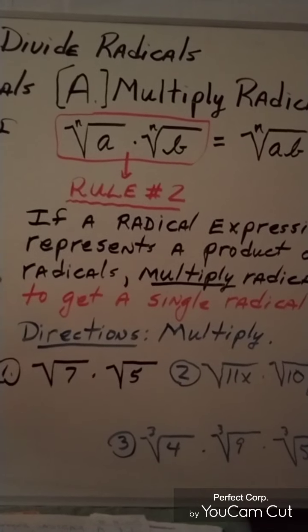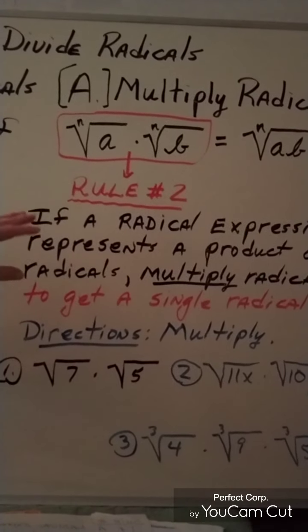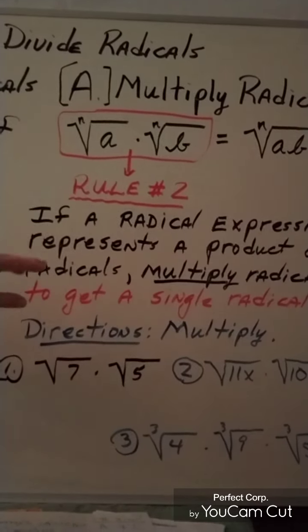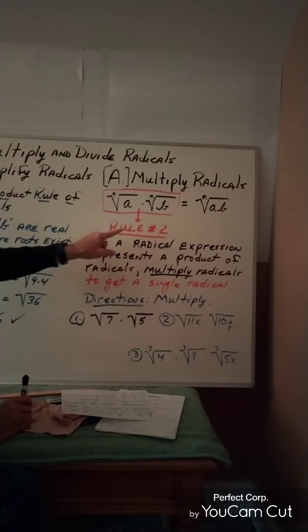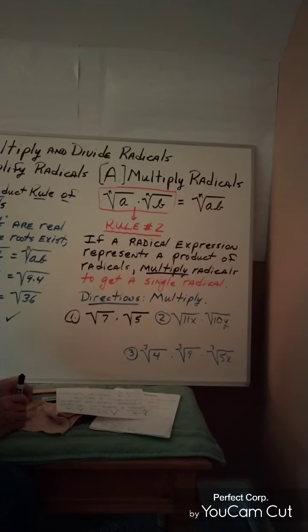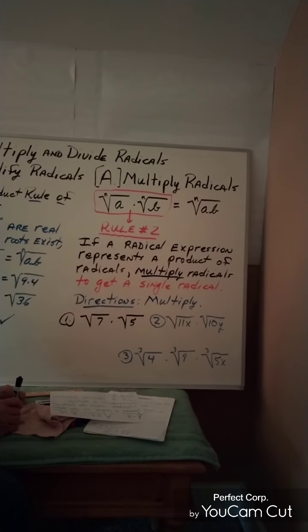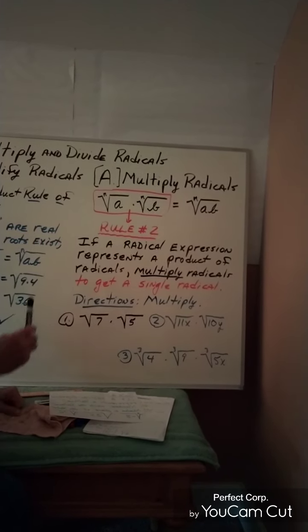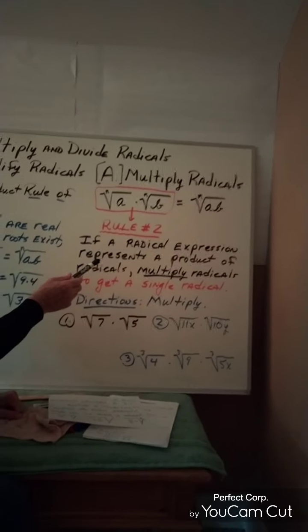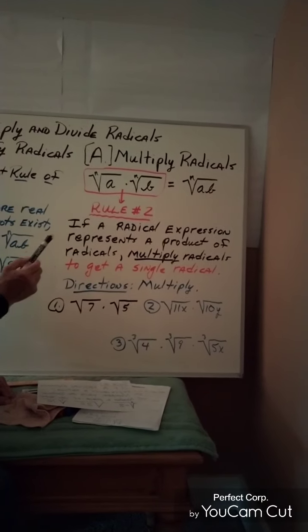Now in 9.2, we're going to look at quite a few other rules. And the first of those is rule number 2. And it is the rule that will enable us to multiply radicals together. And here's rule 2. You'll want to know it.